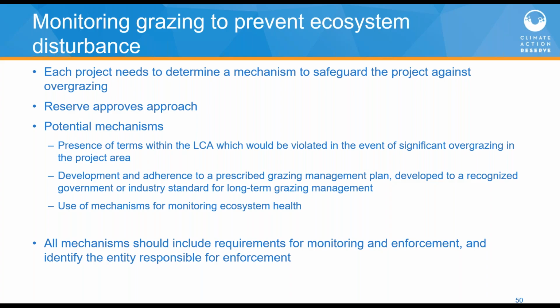Now, this is something that may be kind of a multi-year idea. So again, we're not setting specific stocking rate limits or anything like that in the protocol. We're trying to walk this balance between being flexible with the way people manage the land, but also protecting the carbon that we're crediting.